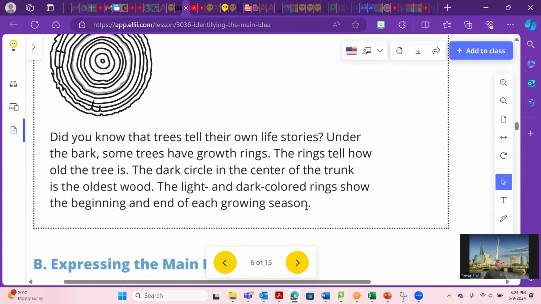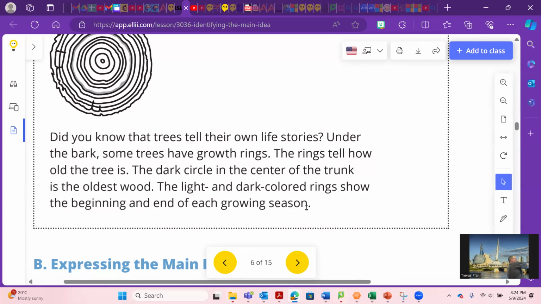Then, with the person sitting next to you, tell them what you think the main idea is in this paragraph. You don't have to write it down, just chat with the person beside you.